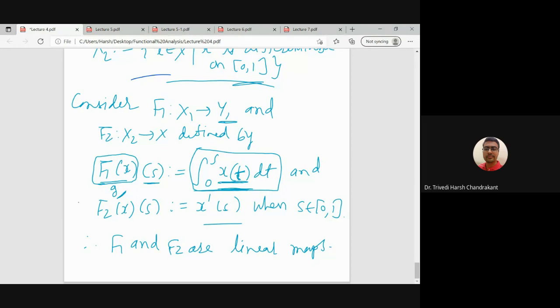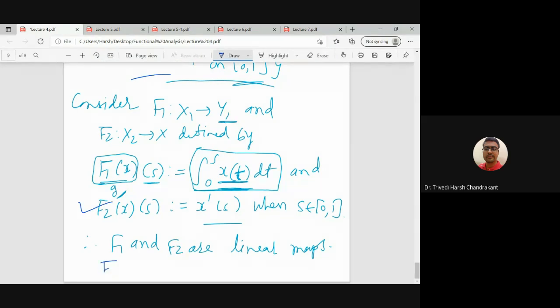Yes, this map is linear because if we apply f2 on x plus y, then that is nothing but the derivative of x plus y evaluated at s. We know that if we have two functions f and g, then f plus g dash is f dash plus g dash evaluated at s. Here f and g are x and y basically.